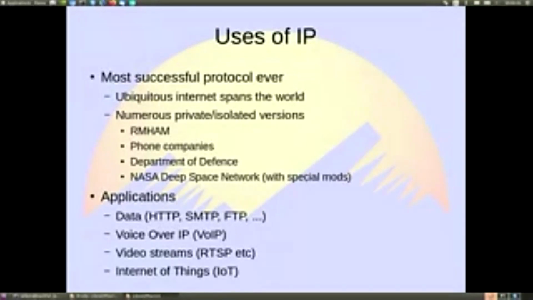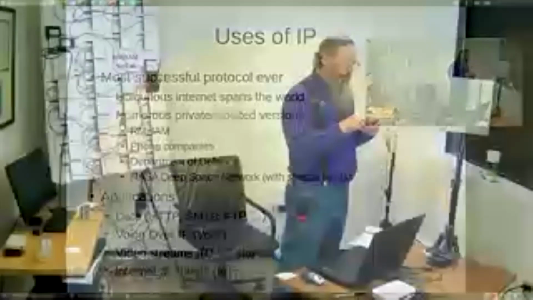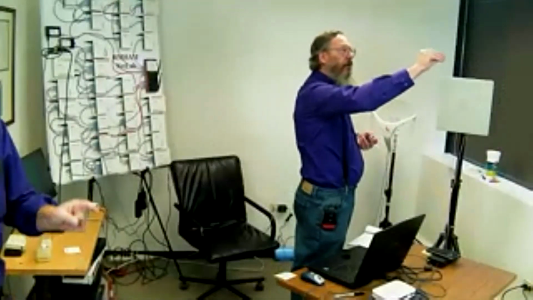And of course, we have the Internet of Things. So here are examples of a really small chip that actually runs an IP stack, which I can now connect to, for example, a temperature and humidity sensor to actually see what the temperature and humidity is.